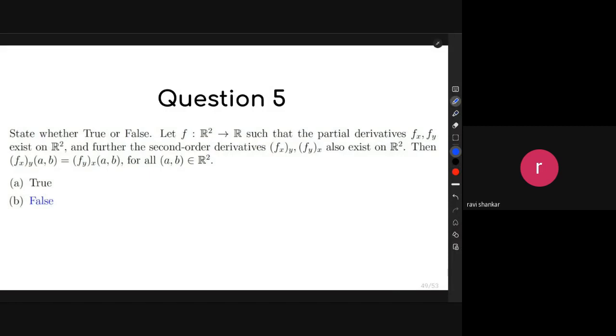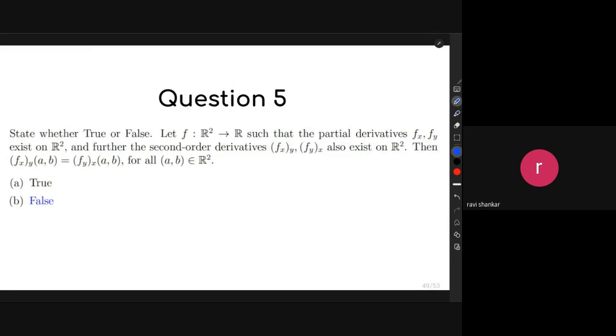So in this question number 5, we have two partial derivatives. We have a function from R2 to R. Okay, again a two variable function, a real valued function taking real values, such that its partial derivatives exist on R2. And further, the second order partial derivatives also exist on R2.